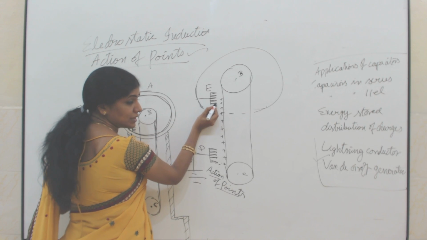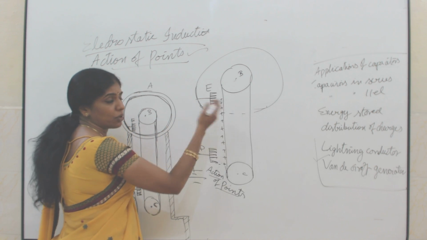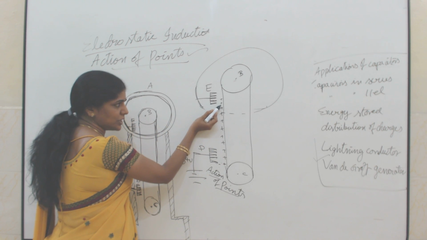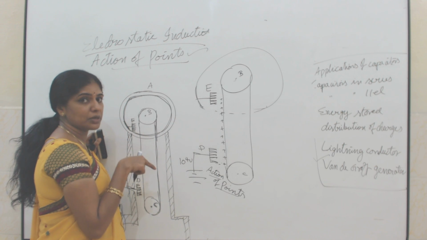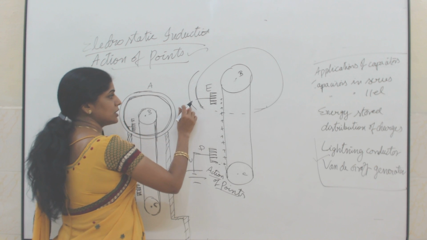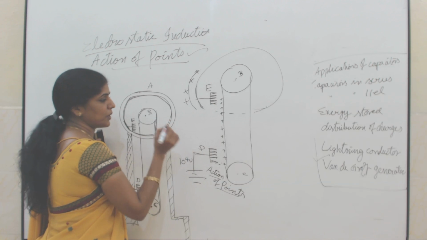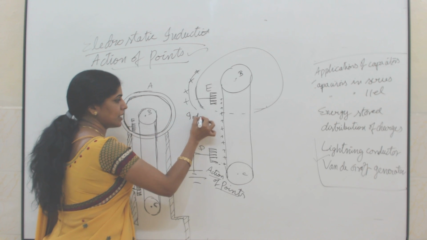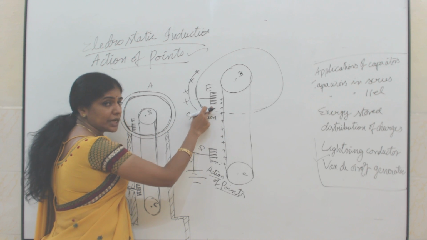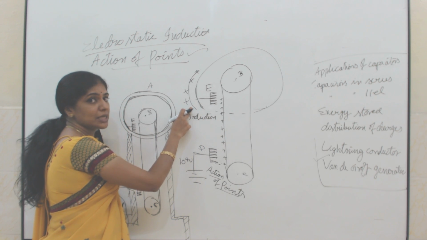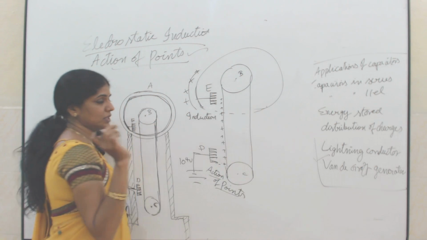We know what is meant by electrostatic induction: we produce charges without any contact with each other. When a positive charge reaches here, the comb becomes negatively charged by induction, and the outer surface, that is the sphere, becomes positively charged. The positive charges will be uniformly distributed over the sphere.